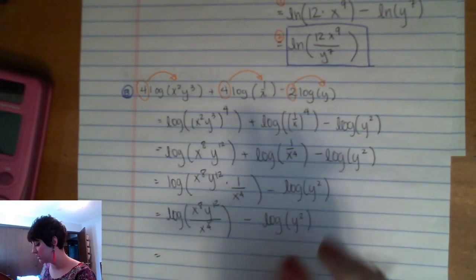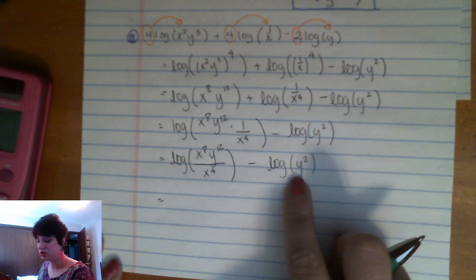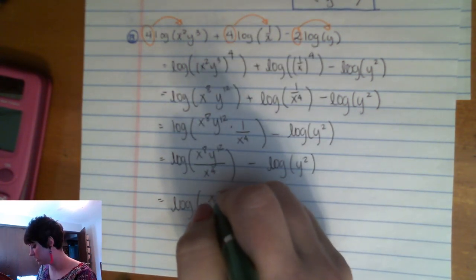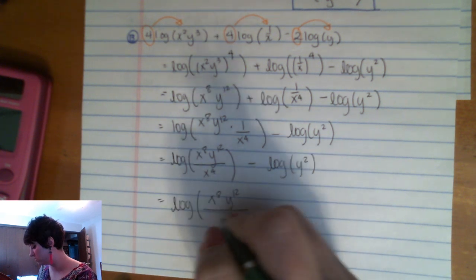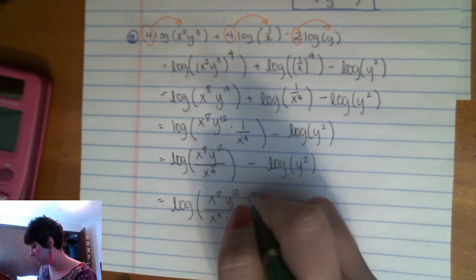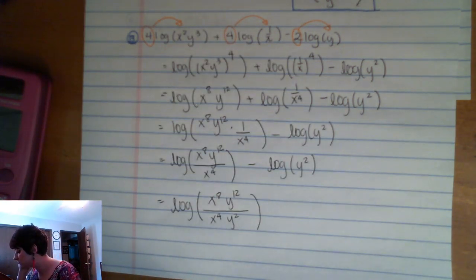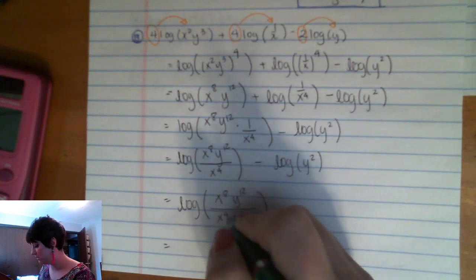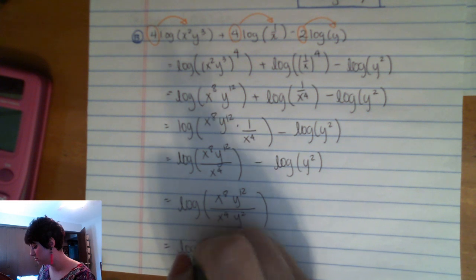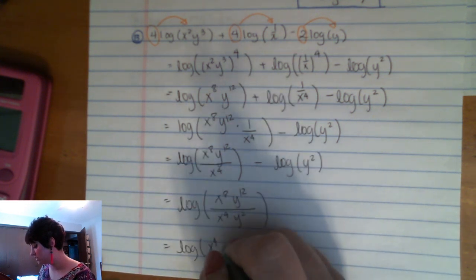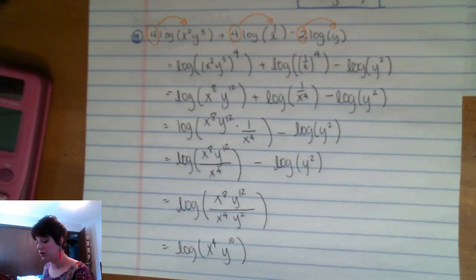And then this is subtracting, so it goes in the bottom. Log x to the 8, y to the 12th over x to the 4th, y to the 2nd. And then simplify powers, right? So 8 minus 4 is 4. 12 minus 2 is 10. So I have log of x to the 4th, y to the 10th.